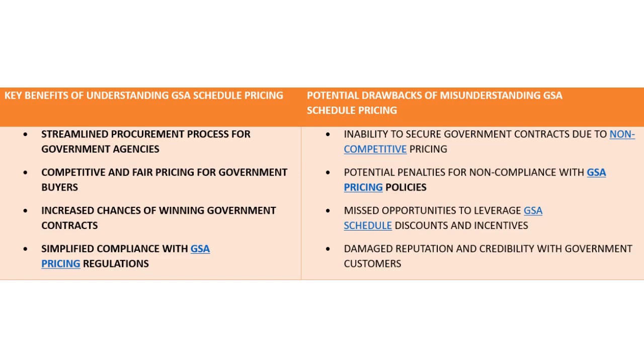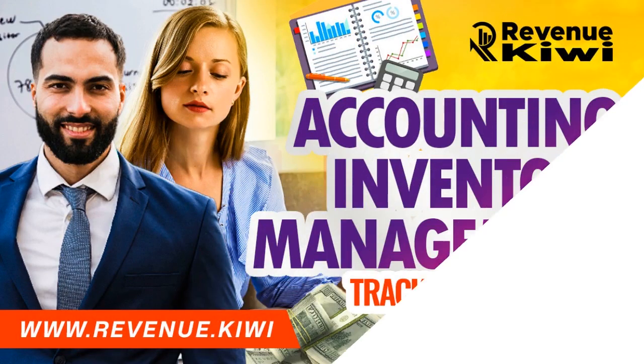On the flip side, if you misunderstand that schedule, you have the inability to secure government contracts due to non-compliance and non-competitive pricing, potential penalties for non-compliance with GSA pricing policies, missed opportunities to leverage GSA schedule discounts and incentives, and you also have damaged reputation and credibility with government customers.